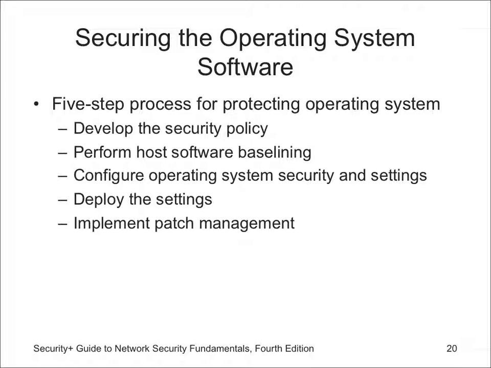So software baselining is determining what software needs to be on that machine and what baseline is needed for every software to function correctly. It could definitely be updates of antivirus, updates of software. Configuring OS security settings, deploying the settings through maybe Active Directory would be probably the best example in the Microsoft world.